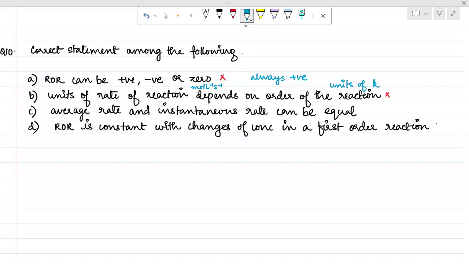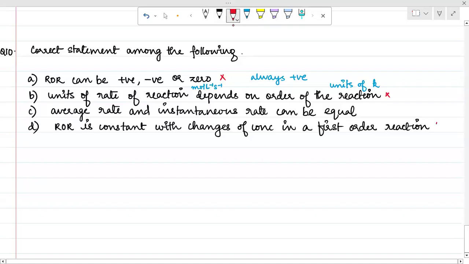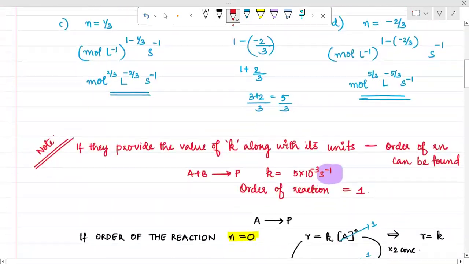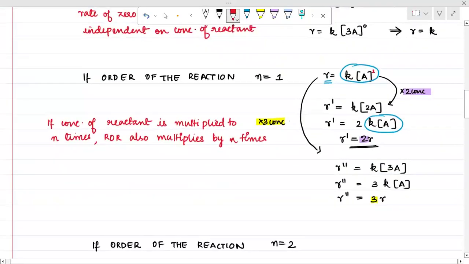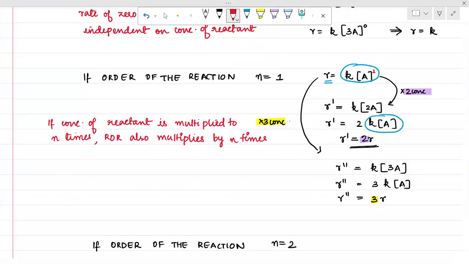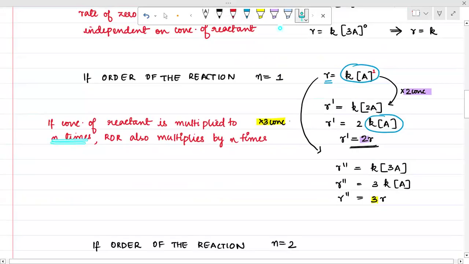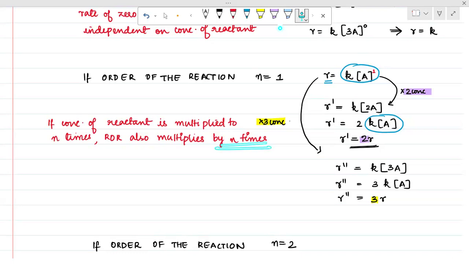Option D, rate of the reaction is constant with changes of concentration in a first order reaction. Is that true? No. That's not true, right? For first order reaction, we have already derived over here. If concentration increases by 2 times, rate also increases by 2 times. If concentration increases n times, the rate also increases n times.